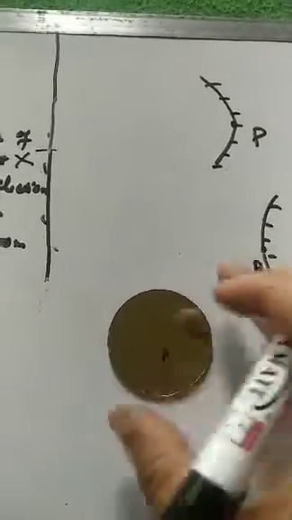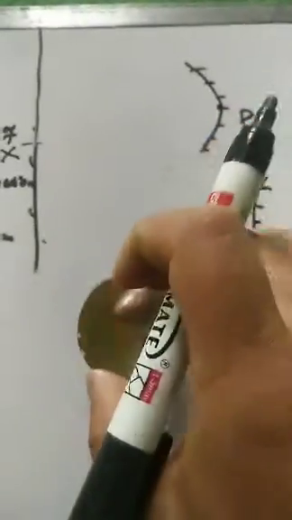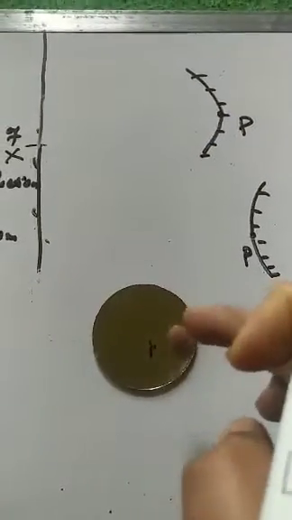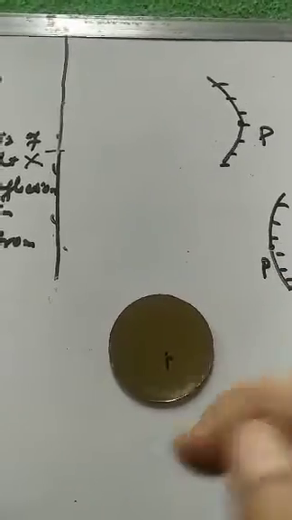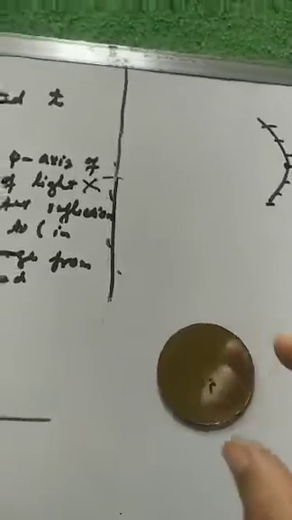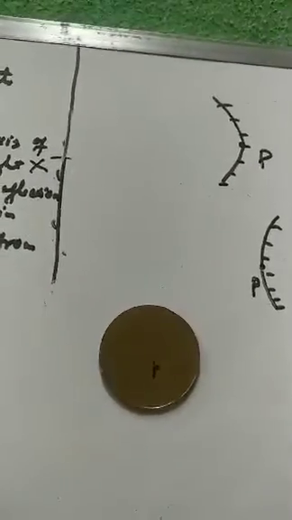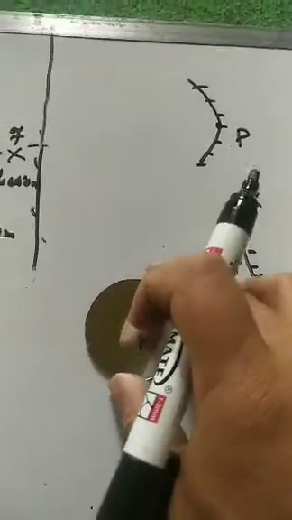So the more the aperture, the more the diameter, the more the area. That is why aperture is also defined as the area which is available for the reflection of the light.